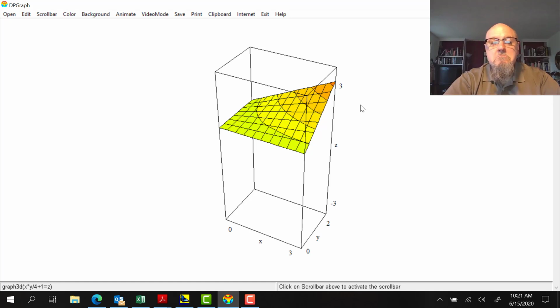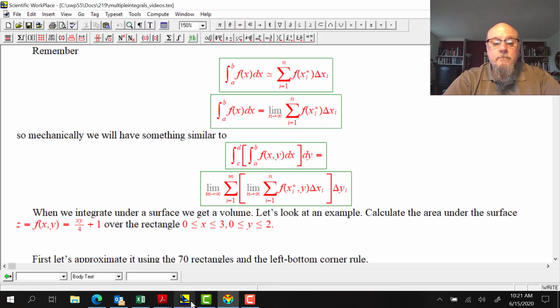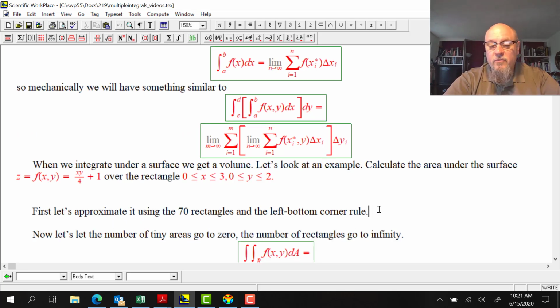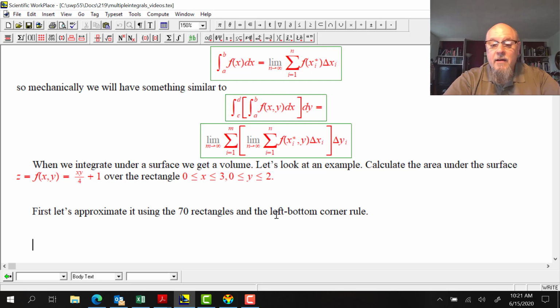So let's make a decision where we're taking the height from. We've got 4 corners, or we could do the midpoint of the rectangle. So we've chosen, well, it's chosen here, the left bottom corner rule.